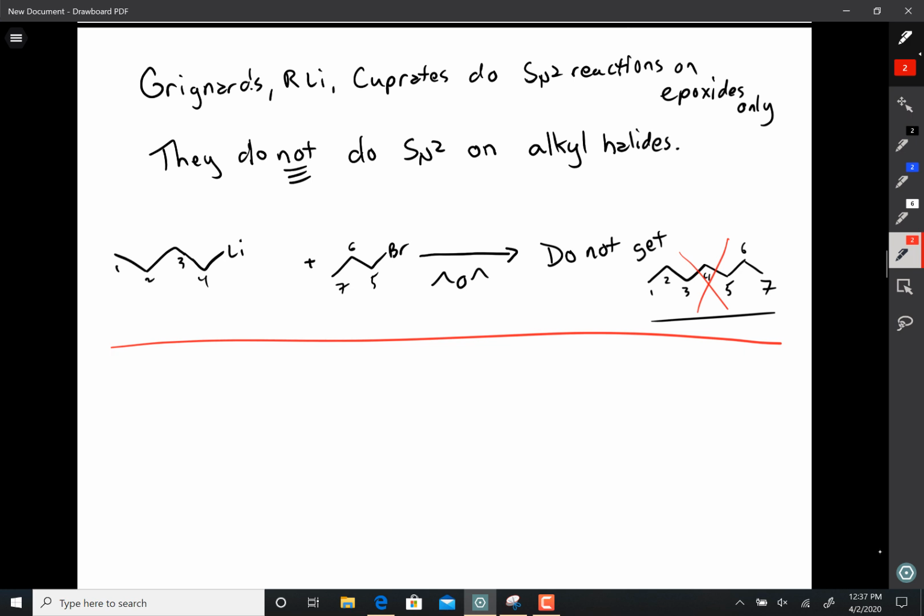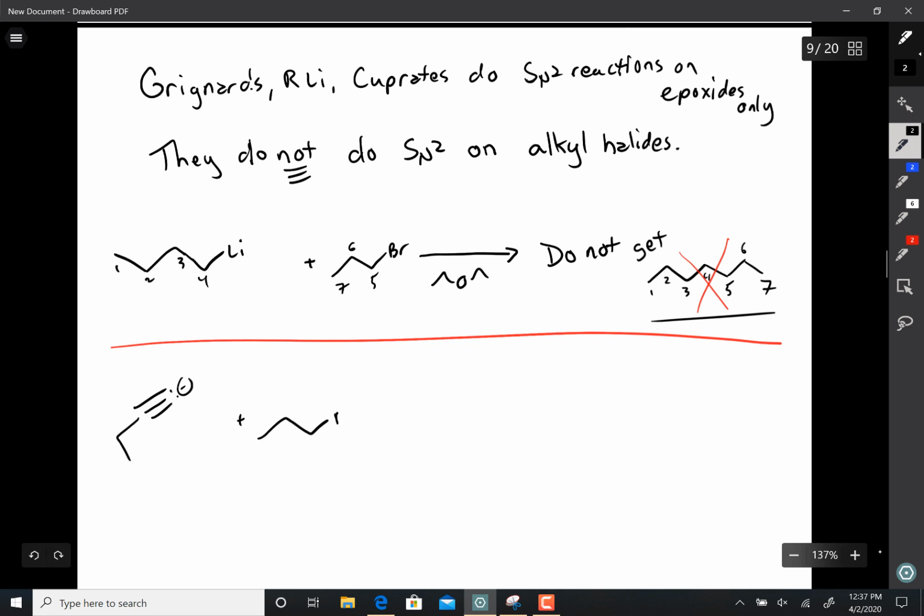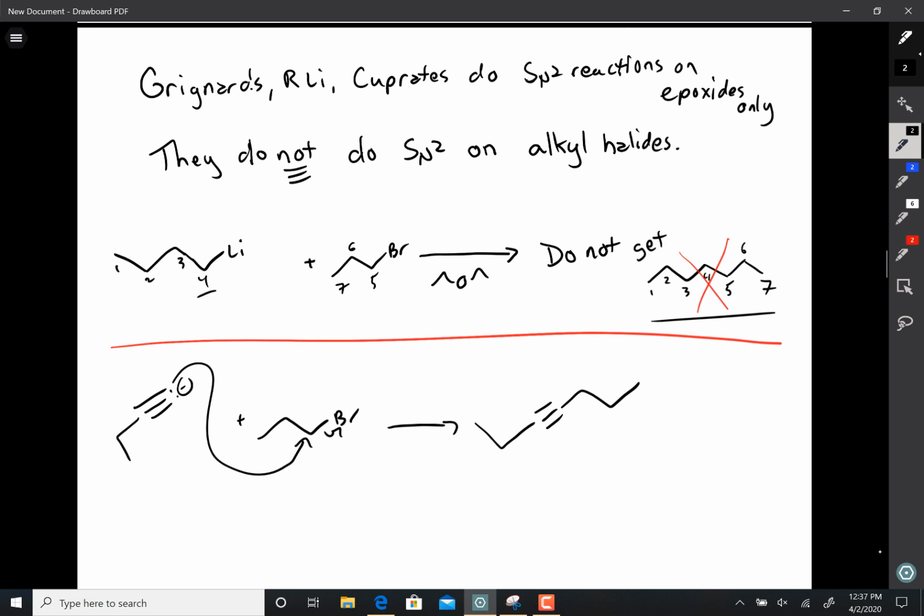But I just wanted to warn you right here that you can do SN2 reactions when your nucleophile is an sp hybridized carbanion, but you cannot do SN2 reactions when your nucleophile is an sp2 or sp3 hybridized carbanion.